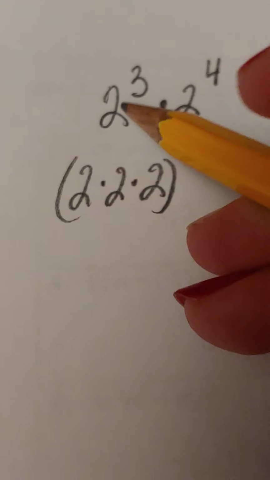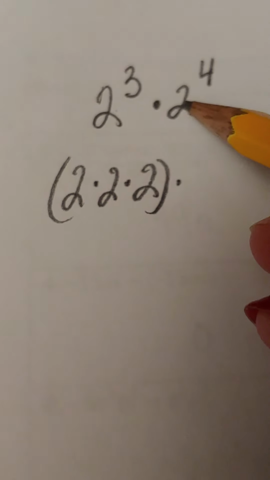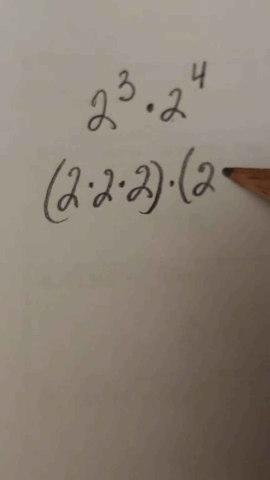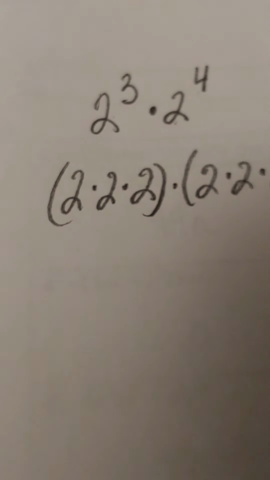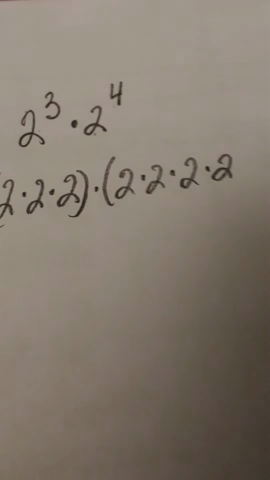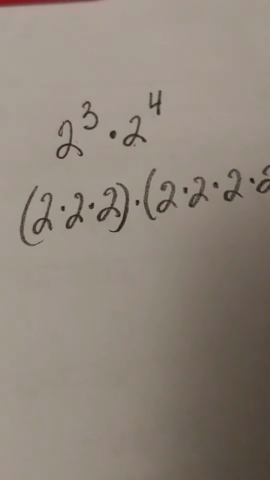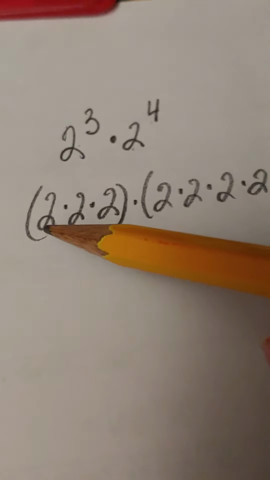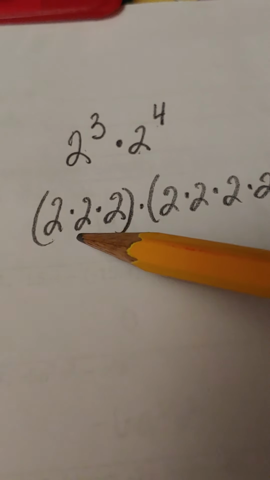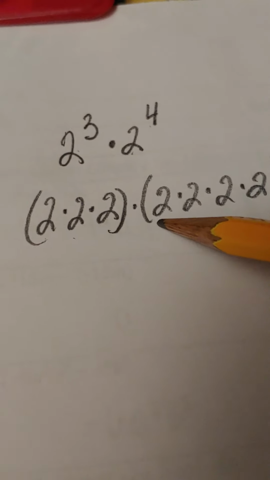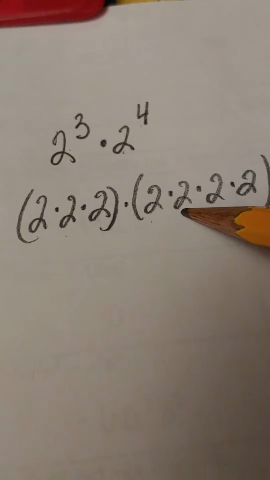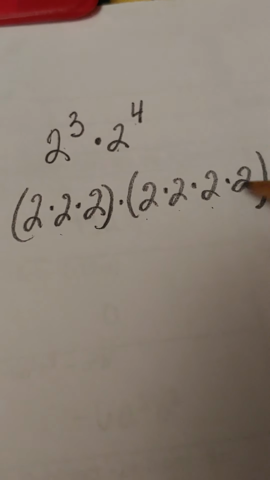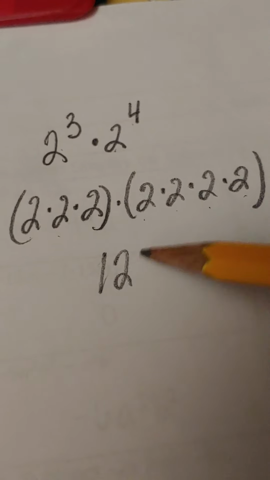Times 2 to the fourth power, which is 2 times 2 times 2 times 2, correct? So once I start multiplying them all together, what will I get? 2 times 2 is 4, times 2 is 8, times 2 is 16, times 2 is 32, times 2 is 64, times 2 is 128.